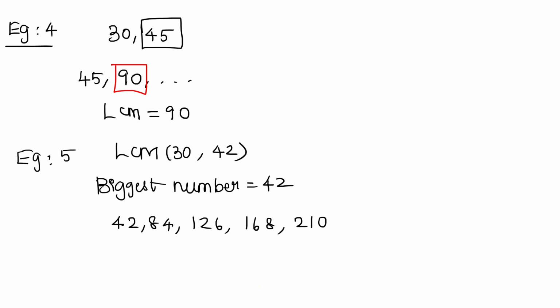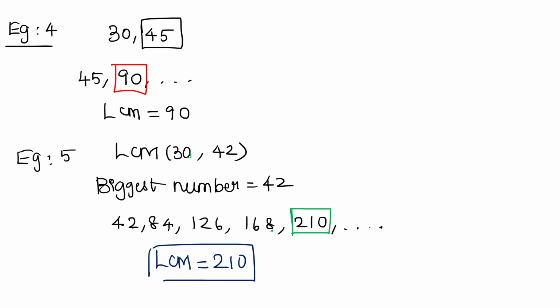Like this it will go on. 42 is not divisible by 30, 84 is not divisible by 30, 126 is not divisible by 30, 168 is also not divisible by 30. But 210 is divisible by 30. So the LCM is equal to 210.